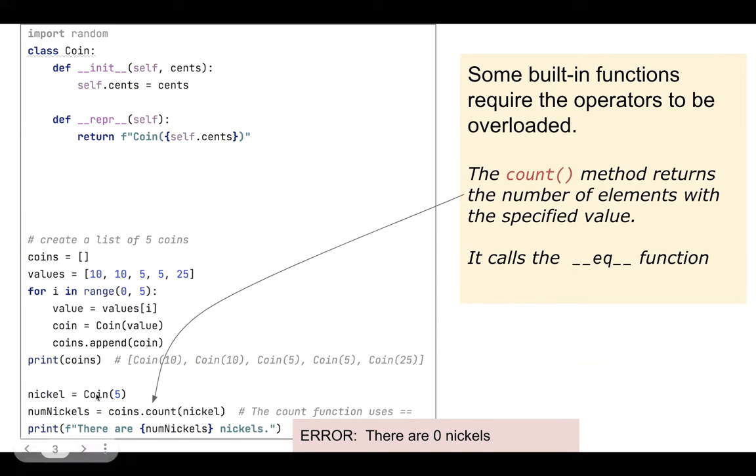Now I set my nickel equal to coin 5, and I want to call count to count the number of times the nickel object, where the cents value is 5, will appear. The count function is expecting me to have an equals equals. Well, it's going to say there are 0 nickels here because I didn't define an equals method.